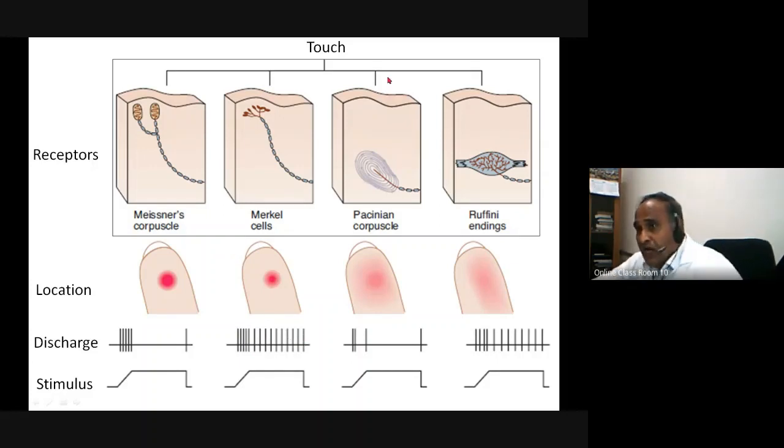So now we have another touch receptor here, Pacinian corpuscles. You just look at that, it is so diffuse. You can see the density of the redness. The redness is a little bit more here, and otherwise it is so diffuse.